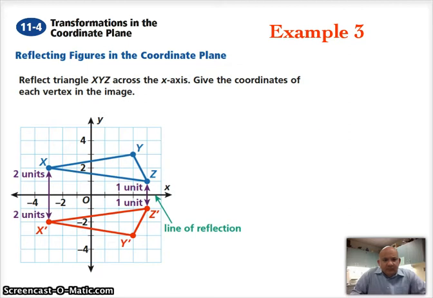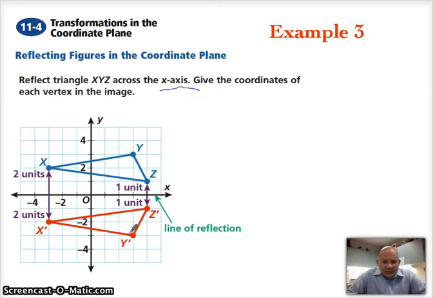We're continuing. I'm going to go ahead and skip over example 3. It's the same sort of concept. I don't want you to actually take notes on this, other than to see that we can reflect horizontally as well. Here, the triangle XYZ needs to be reflected across the x-axis, the horizontal axis, of course.